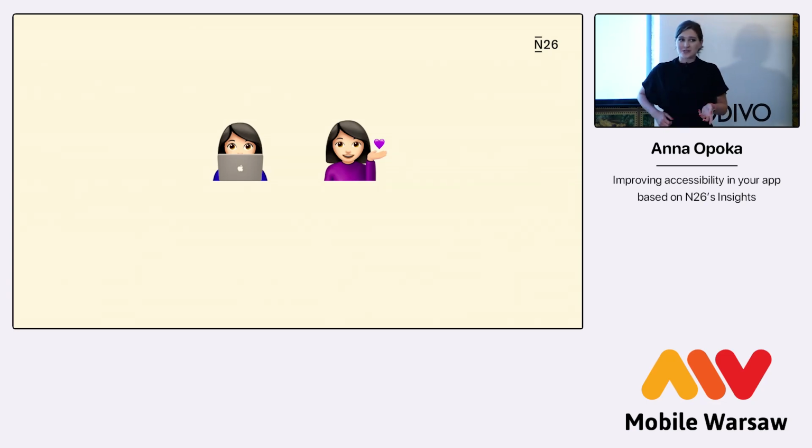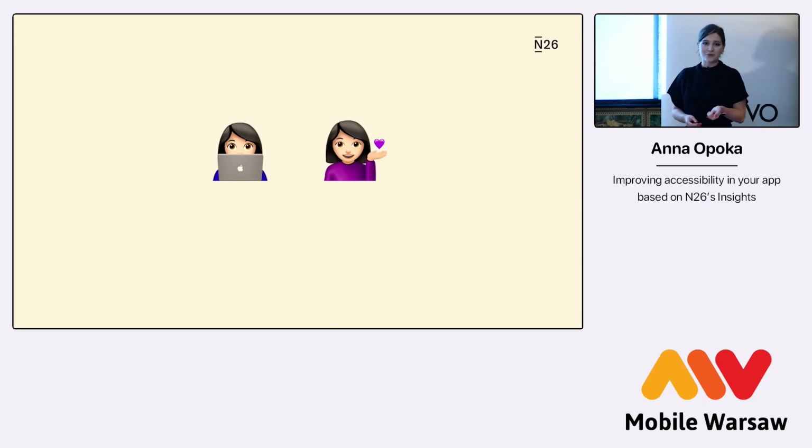I don't know personally anyone who is blind, but it doesn't stop me from caring, from wanting to deliver high quality applications that are accessible. I care that blind people can use it, colorblind people can use it. I care that someone who broke their arm or had eye surgery and has a temporary loss of some abilities can still receive the same value and great user experience from my app.